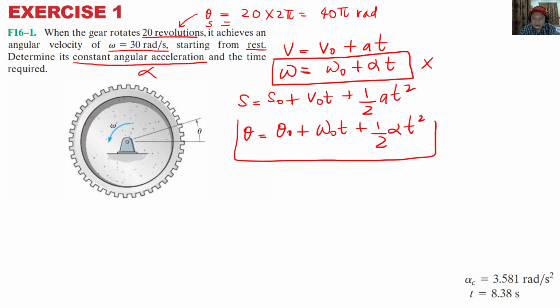Maybe it's this one, I'm not sure. Do we have enough information? Starting from rest, I think we don't have time, right? We don't have time. So maybe we don't have enough information. Maybe we need more information.